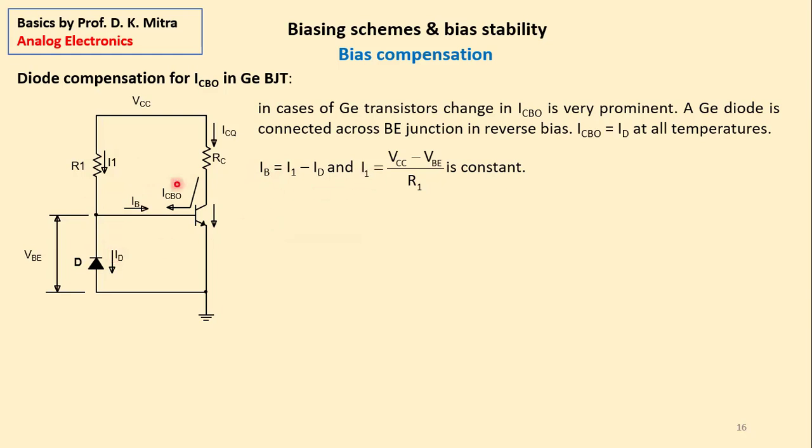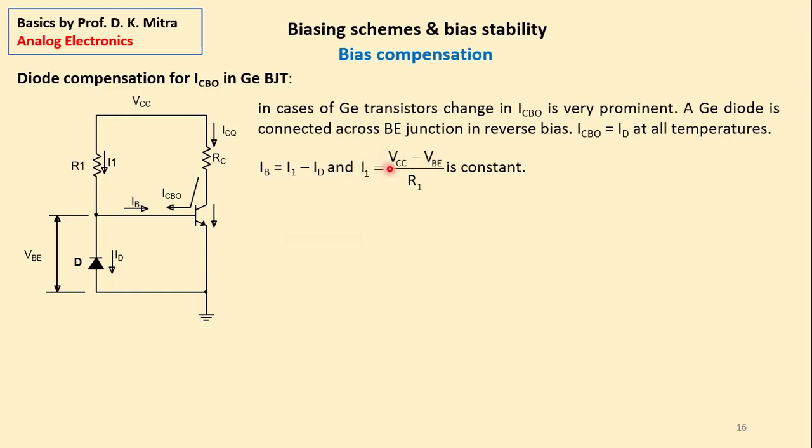And I1, going to this loop here, what is this current? It is VCC minus VBE, because the emitter is connected to common. So VCC minus VBE divided by R1 is I1.